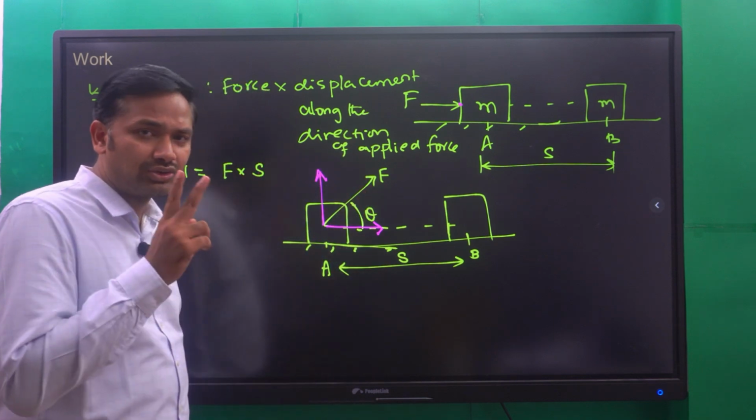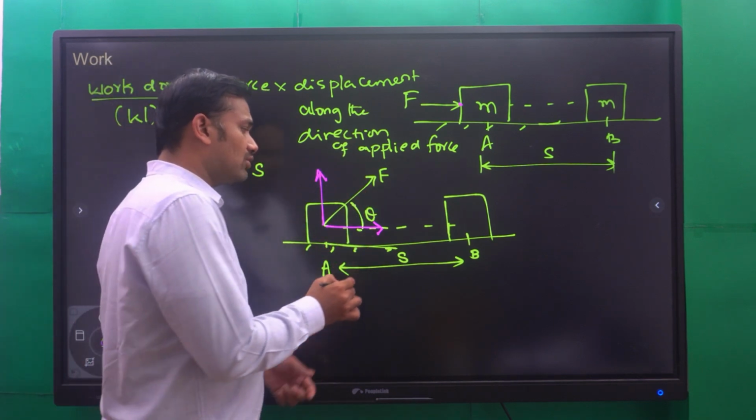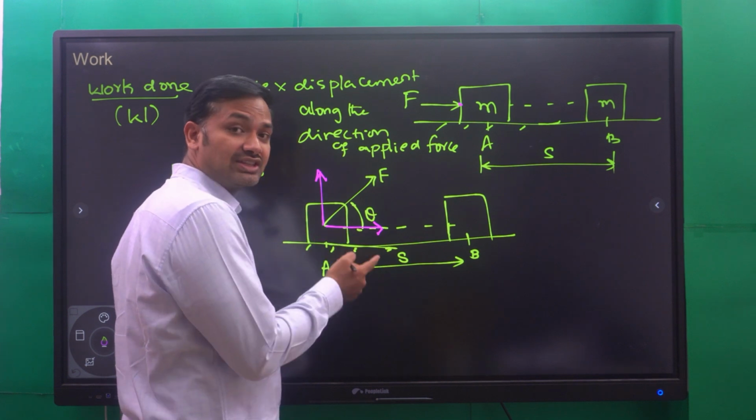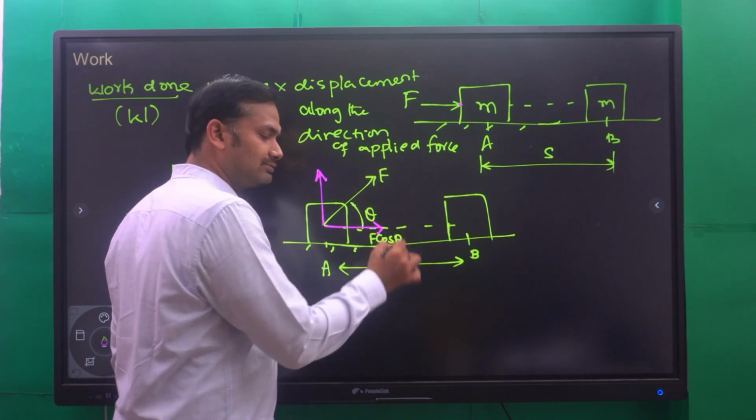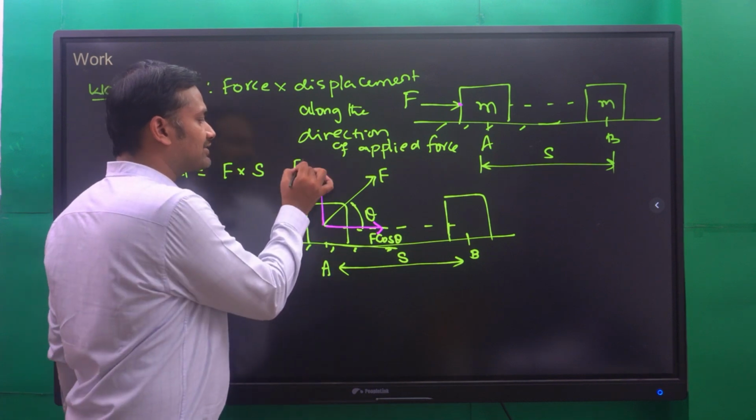The horizontal component is F cos theta, and the vertical component is F sin theta.